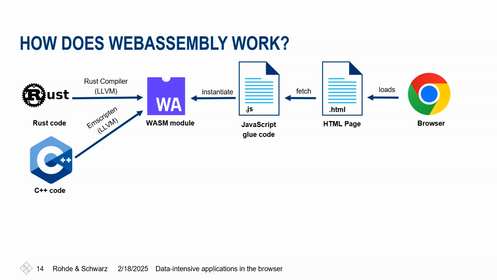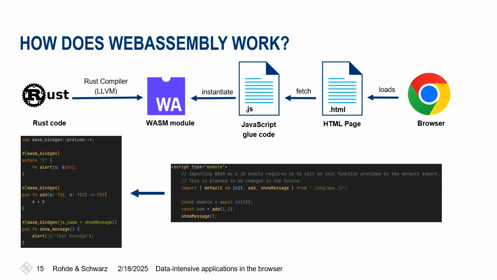Because currently you cannot directly reference the WebAssembly module, maybe that's coming in the future, but you need this JavaScript glue code, which is then instantiating the WebAssembly module. It's instantiating the WebAssembly memory, for example, and also the module. You have to do that from your JavaScript code. And then you can call the exported functions from that WebAssembly module.